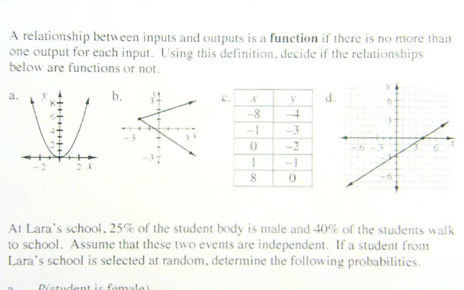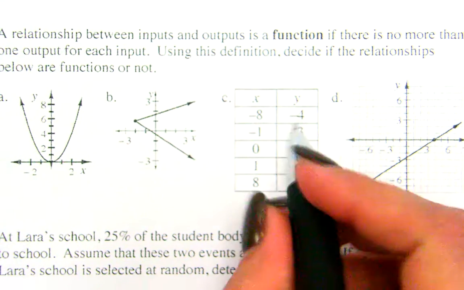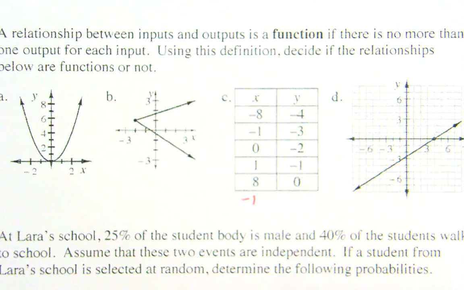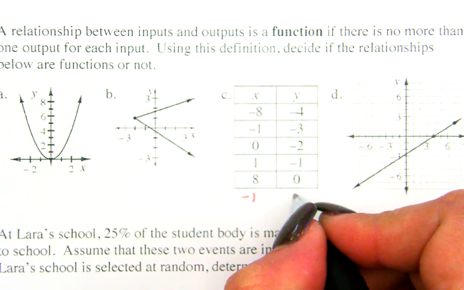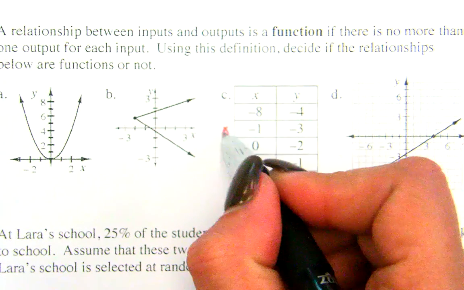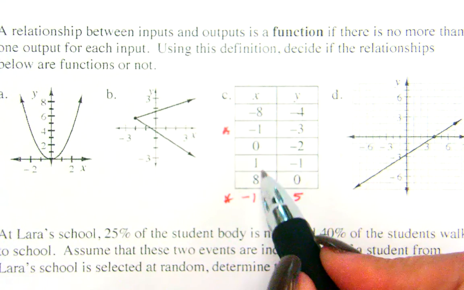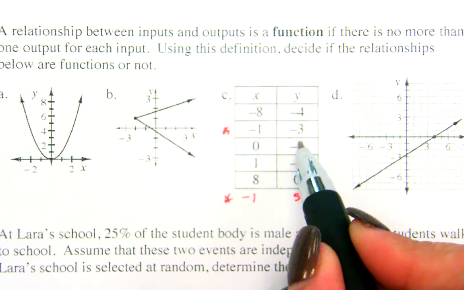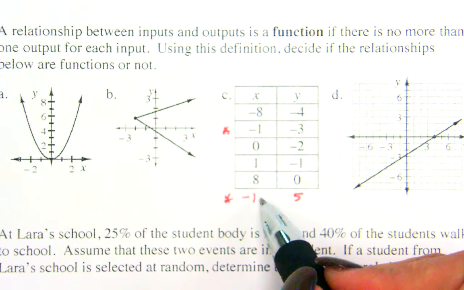It would fail if, for example, you also had a -1 and got out, let's say, a 5. These two are not consistent. Whenever you press a -1, you should always get the same information out. You can't get two different things popping out when you press the same button.